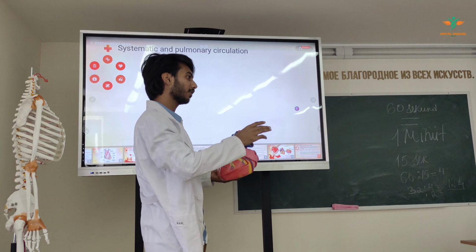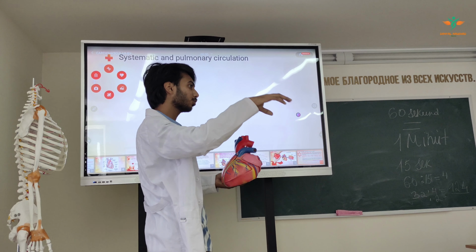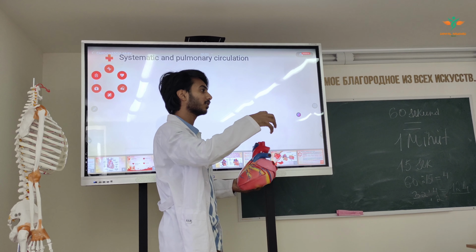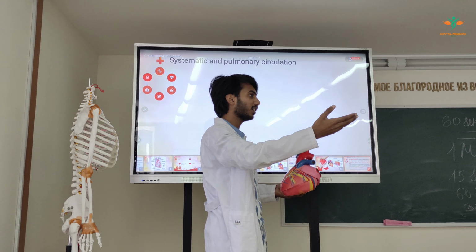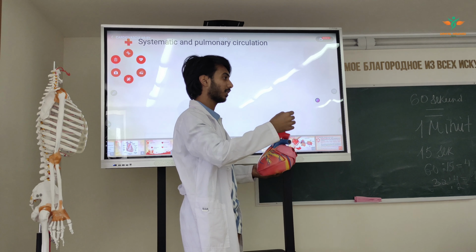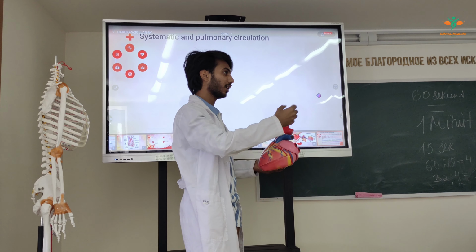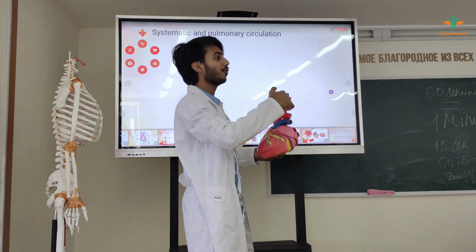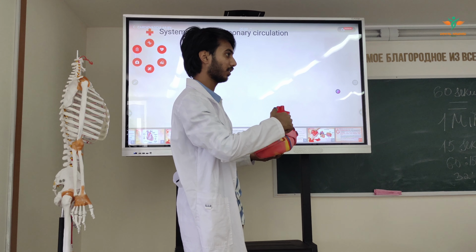It divides into right and left branches and goes to the lungs, where carbon dioxide diffuses into the alveoli, and the blood picks up oxygen and comes back through the pulmonary veins.